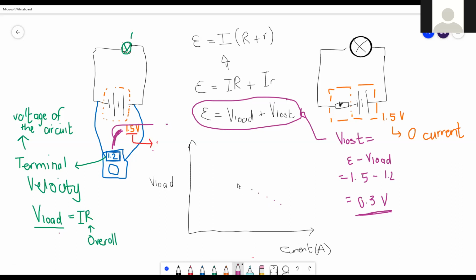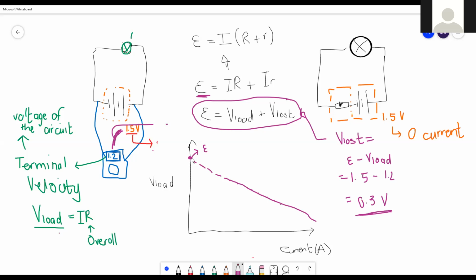Those are our data points. So we draw a line through it. You can now extrapolate this line to a point over here on your y-axis. And that point is your EMF.